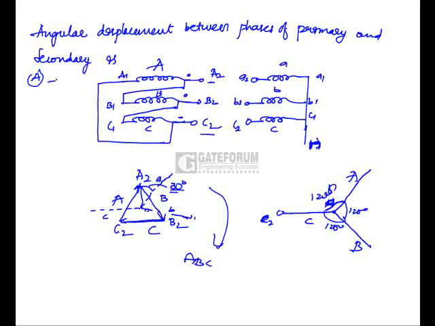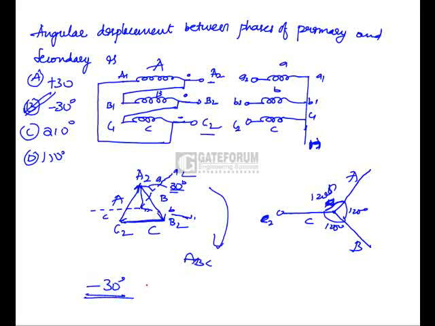He has given option A as plus 30, option B as minus 30, C as 210 degrees, D as 150 degrees. The displacement between this A2 and capital A2 is 30 degrees. When you subtract this one, it will go to A2. So my answer is minus 30 degrees as the phase displacement between primary and secondary. So option B is correct.